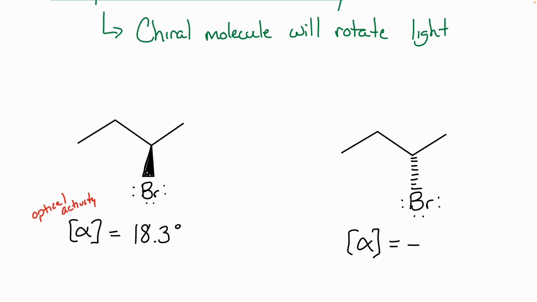So this would rotate plane polarized light negative 18.3 degrees. There's no way to look at a molecule and know what the number or the sign will be.